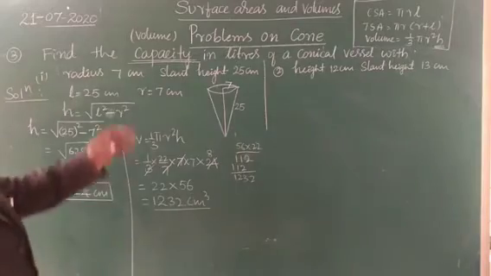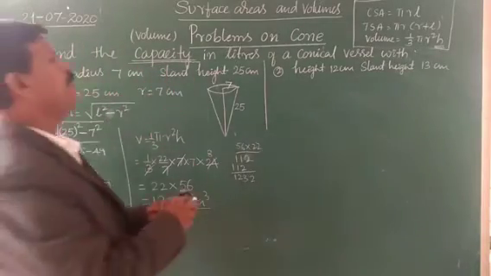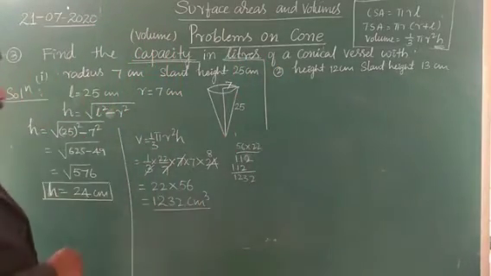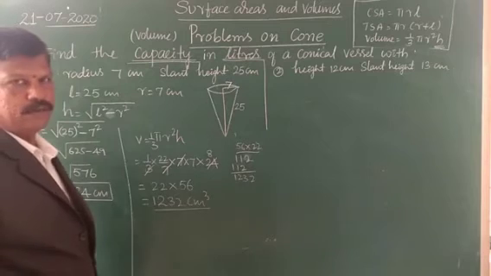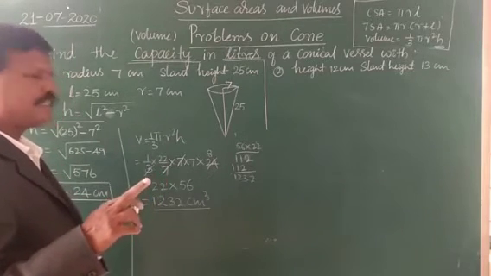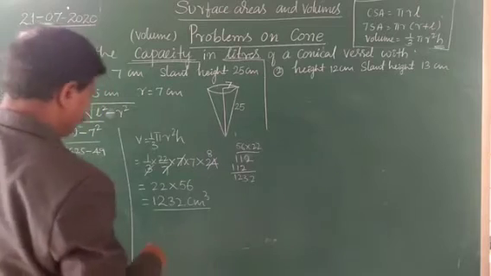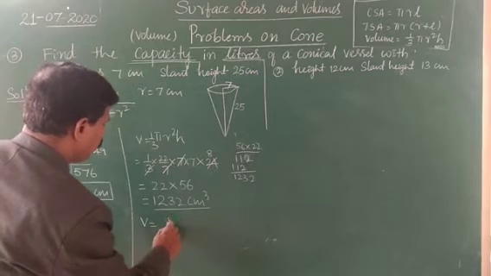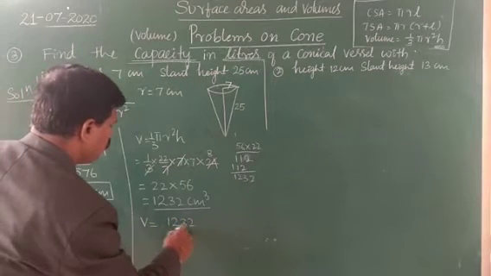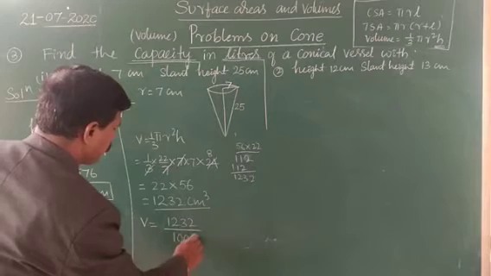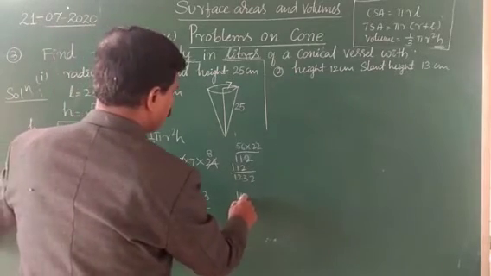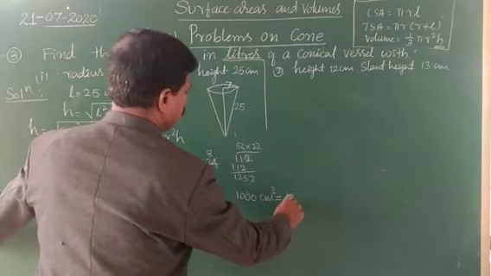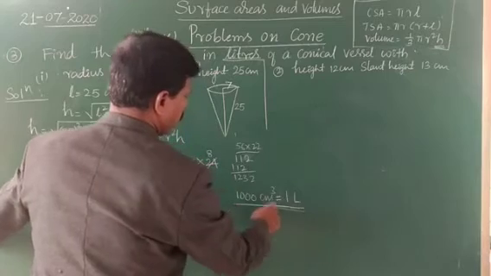But read the question. Find the capacity in liters. So you should divide this by 1000, because 1000 cubic centimeter is equal to 1 liter. So volume is equal to 1232 by 1000. Remember, 1000 cubic centimeter is equal to 1 liter. Conversion.